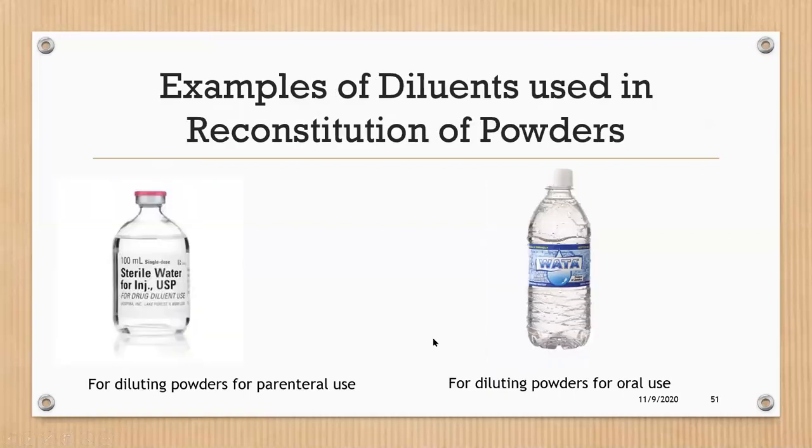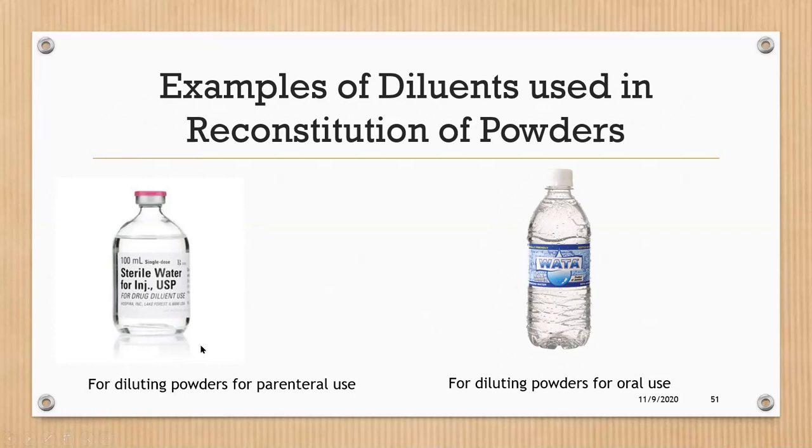So these are the examples of diluents that are used commonly for reconstitution of powders. Sterile water for injection, of course, will be the diluent of choice to use to reconstitute your parenteral reconstituted powders. Now, you're not going to go to the tap water to pour water into your vials to reconstitute your injectable solutions or suspensions.